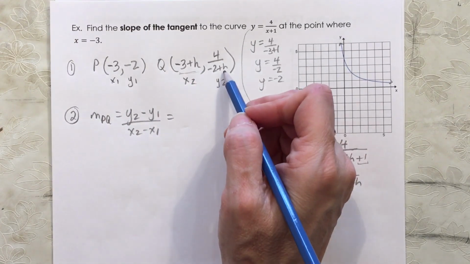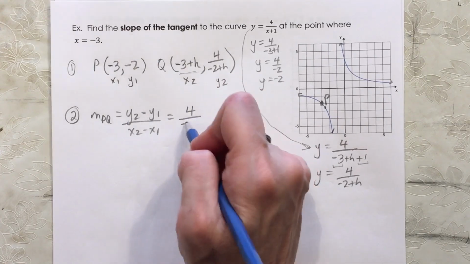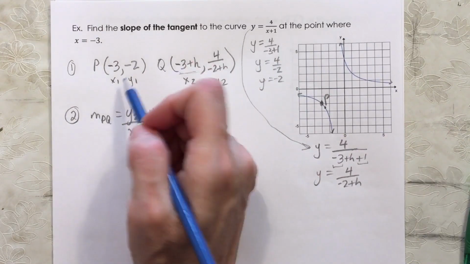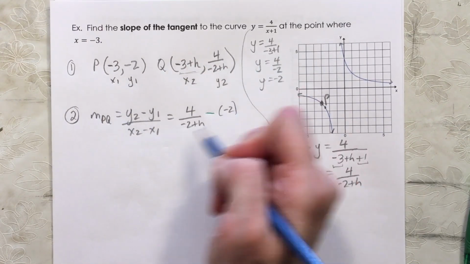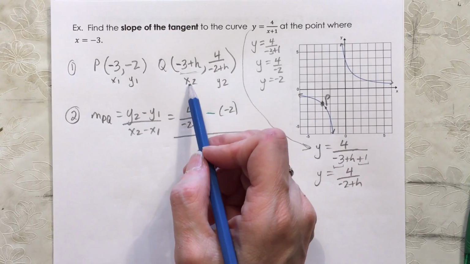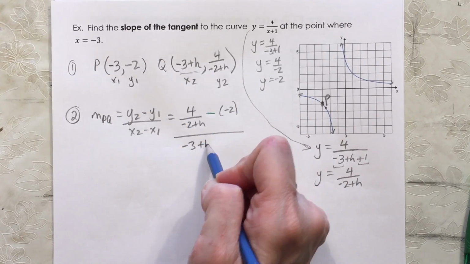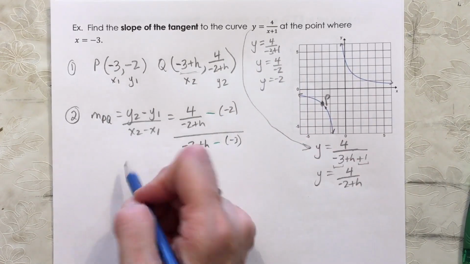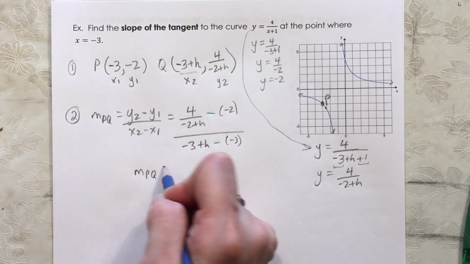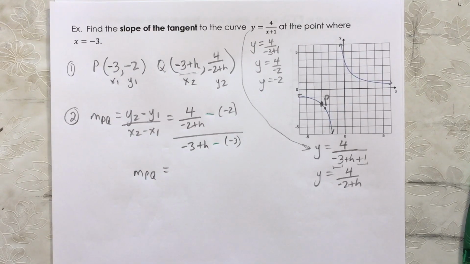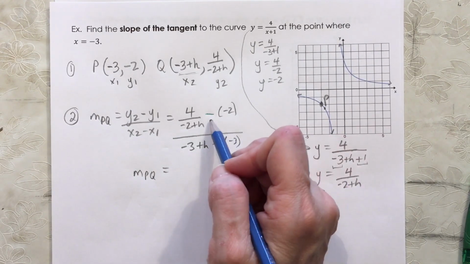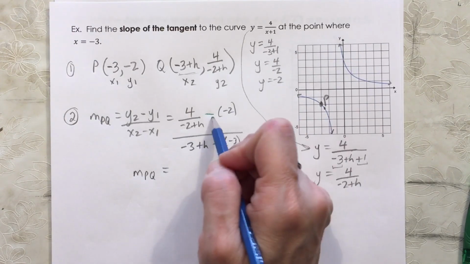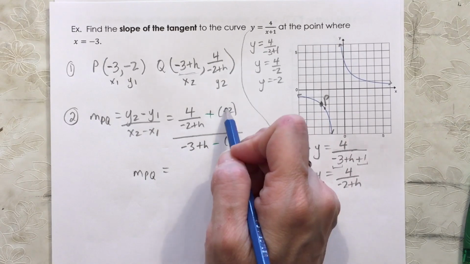So y2 is 4 over negative 2 plus h, minus y1, which is negative 2. x2 is negative 3 plus h, minus negative 3. Okay, so here we're really adding because we're subtracting negative 2, so we can think of it as adding.